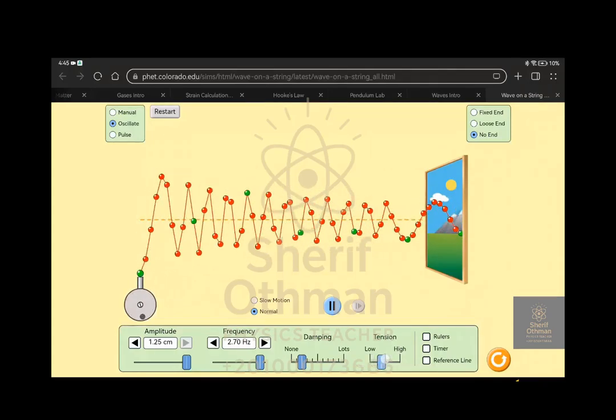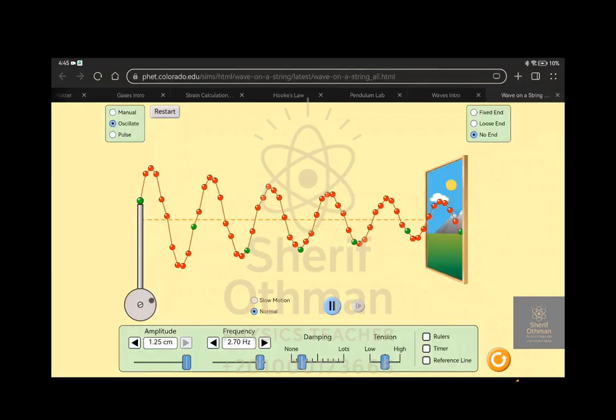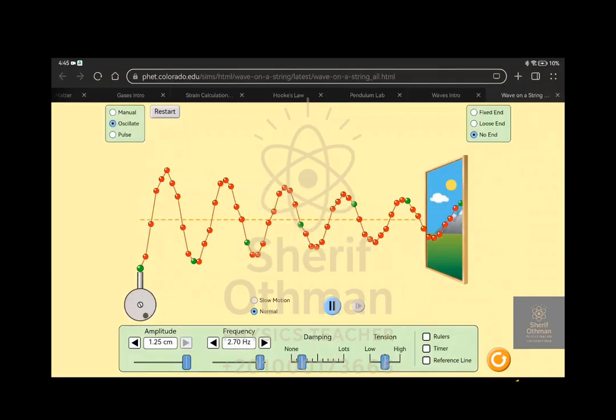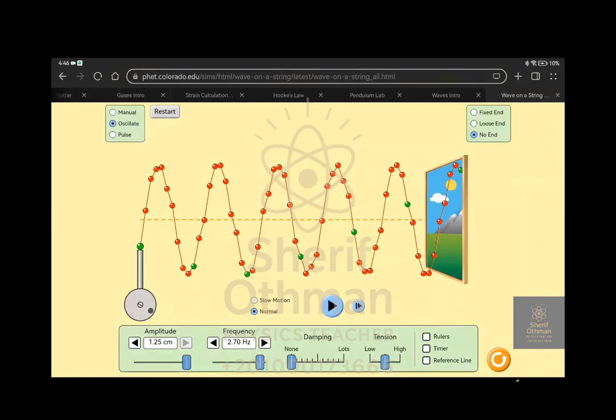Here I'm changing the frequency. The number of waves produced per unit of time is the frequency. As you can see, it's the same amplitude. The distance between two crests, guys, or two troughs, is called the wavelength, which is the distance between two consecutive points.